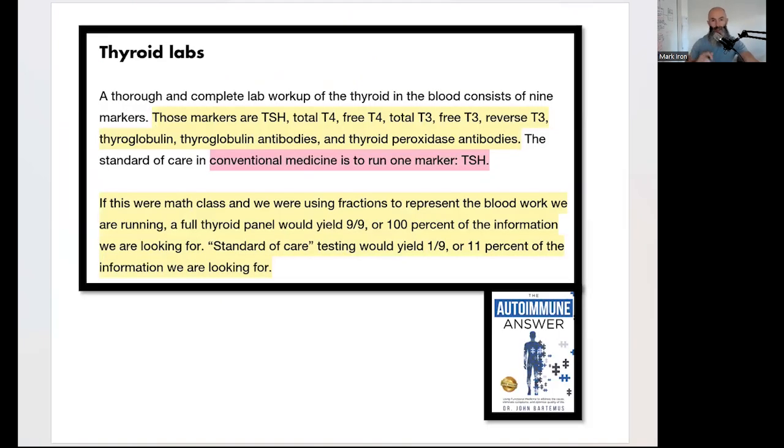And that brings me to this slide, my friends. So basically, they'll test thyroid stimulating hormone and maybe, if you're lucky, T4, which isn't nowhere near enough. We need to test 9 of them. So think about it like this. If this was a math class and we were using fractions to represent blood work we were running, a full thyroid panel would yield 9 out of 9, 100% of the information that we need to properly diagnose what's wrong with the thyroid hormone.